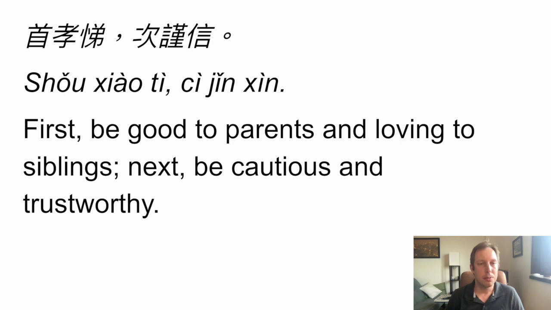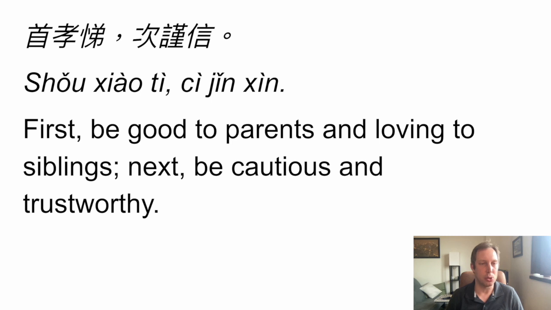首孝悌次谨信. So here 首 means first, and 孝 is a verb. It means to be good to parents or to be filial. 悌 is also a verb meaning to be loving to siblings. Okay, and the "and" is implied.